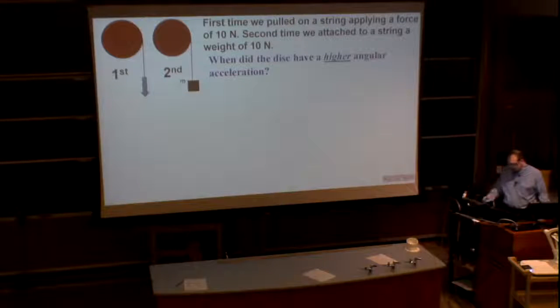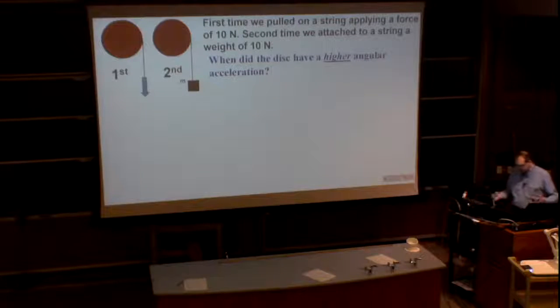And the first case, of course, is absolutely straightforward. We've done it before. We just have to write Newton's second law for rotational motion of this disk. And there are many forces, but only one torque.